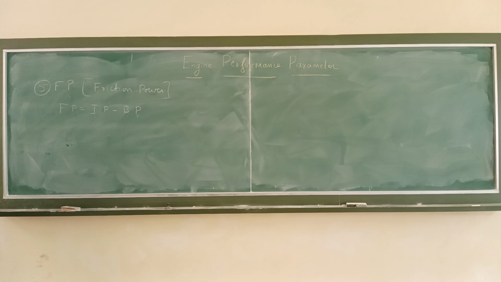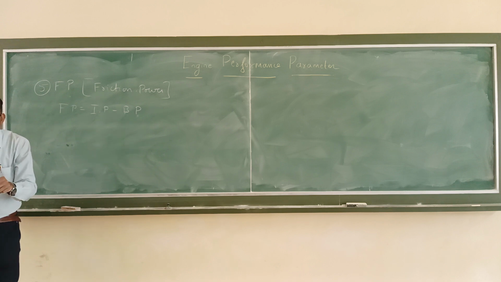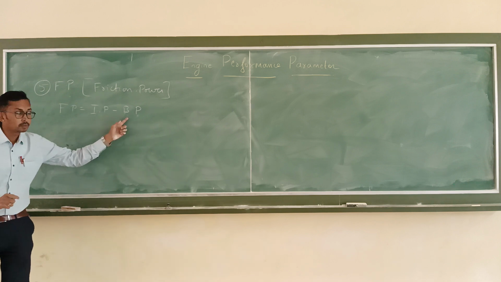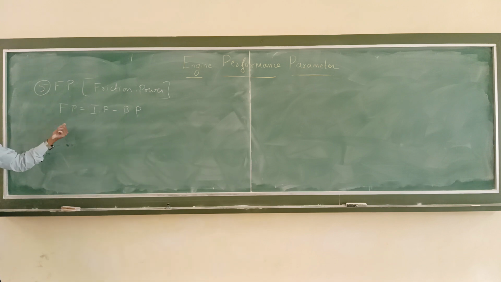What is the meaning of this? See, IP means the power generated inside the cylinder due to the combustion of fuel. What is BP? The power available at the crankshaft. So there is a difference between the power generated due to the fuel and the power available at the crankshaft. The difference is the friction power.